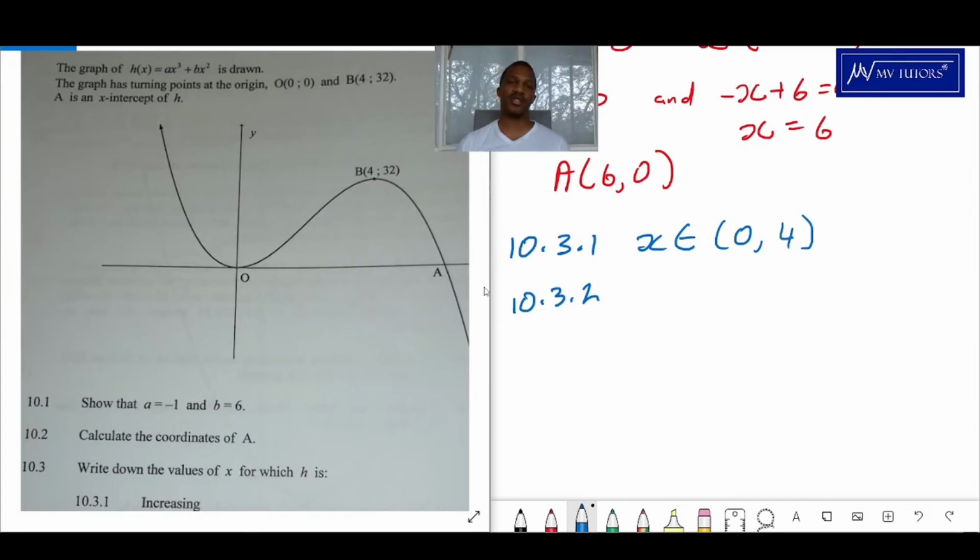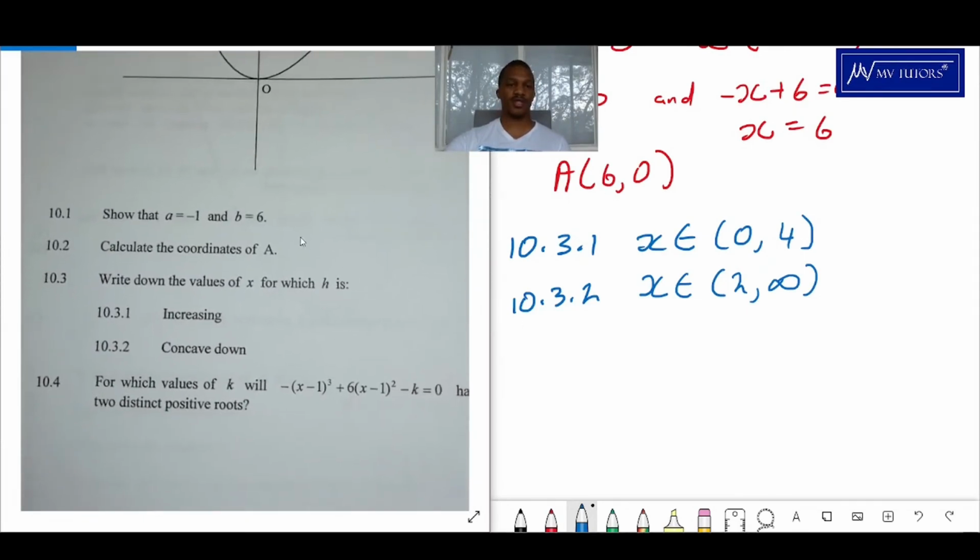It starts at the point of inflection, and that point of inflection is actually 2, because it's between 0 and 4. So the number between 0 and 4 is 2. So we're going to say x is an element of, it's concave down from 2 to infinity. That's it.